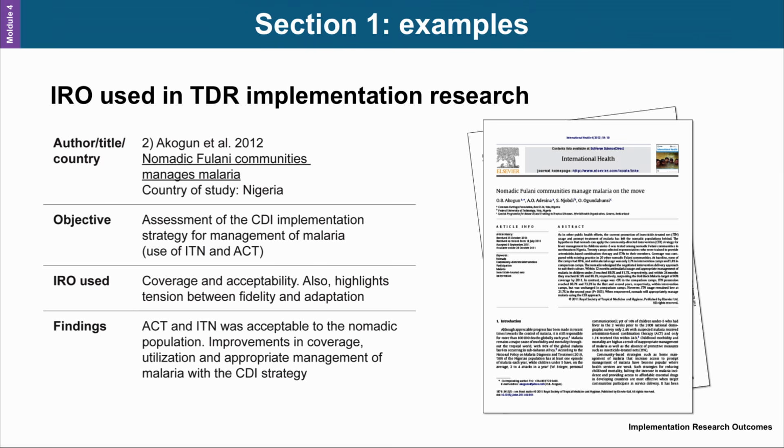And they also looked at whether the people that received treatment from community members found it agreeable or were satisfied with the approach, rather than going to the health facility or going to the healthcare worker even to receive the treatment. And at the end, they found that yes, the malaria control program was acceptable to the nomadic population, and there was an improvement in the coverage overall with the community directed strategy.